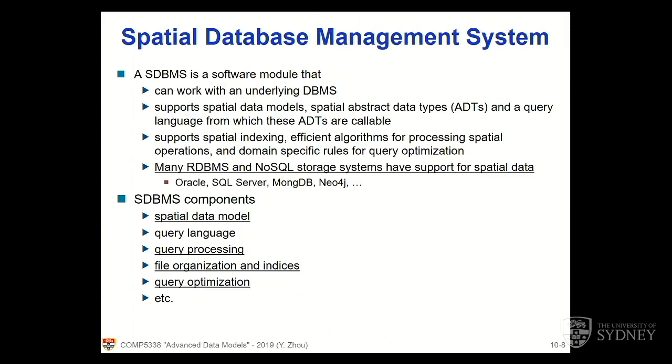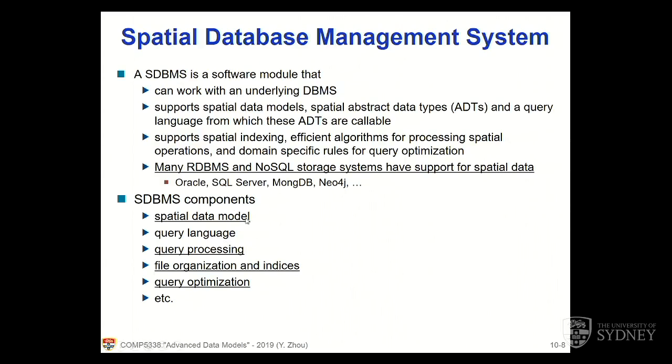So many relational database management systems and also some of the NoSQL storage systems have support for spatial data now, because they gradually realized it's a very important data type, and many applications will need it. Like Oracle, SQL Server, MongoDB, both MongoDB and Neo4j actually support spatial data. Not in their first few versions, but it's more like a later addition, indicating they're aware of the growing importance of such queries and such data models.